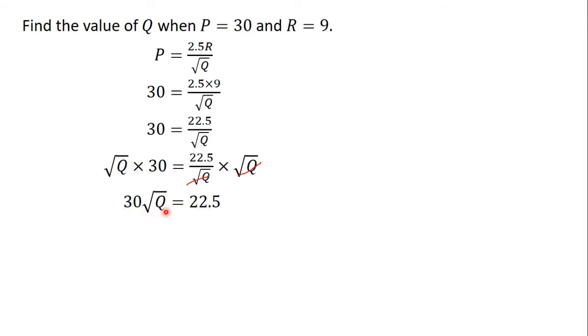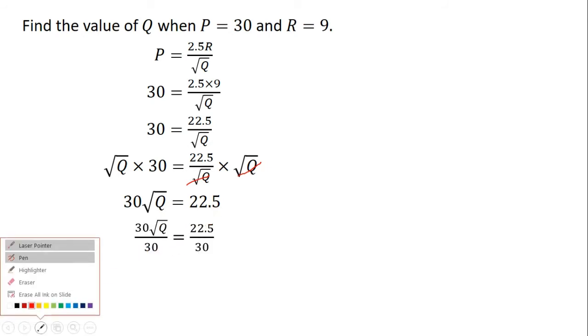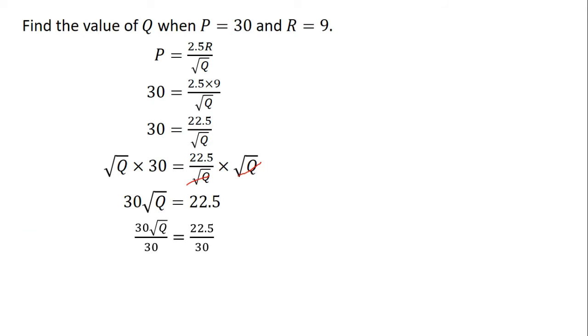So I will divide the left hand side by 30 and the right hand side by 30. 30 will cancel 30. That means that the square root of Q will be equal to 22.5 divided by 30, which is 3 divided by 4. So we have the square root of Q is equal to 3 divided by 4.